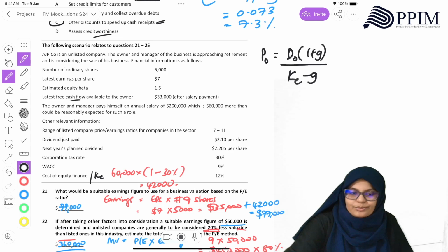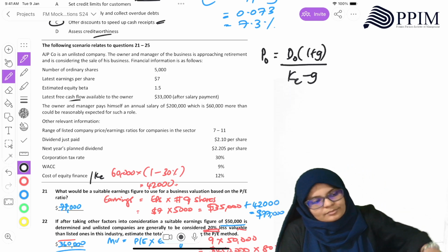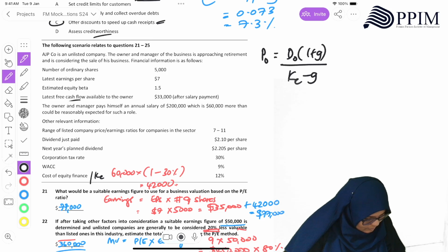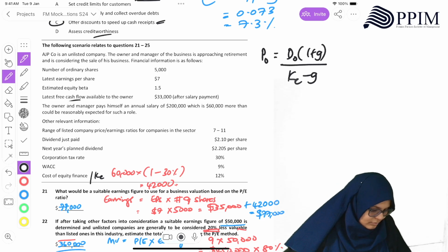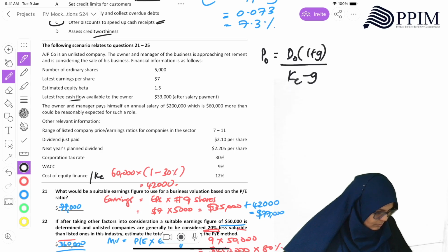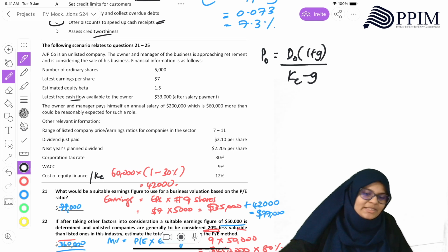The dividend valuation model equation is given to you in the exam. They are asking for the price per share, so they are actually asking for P naught.